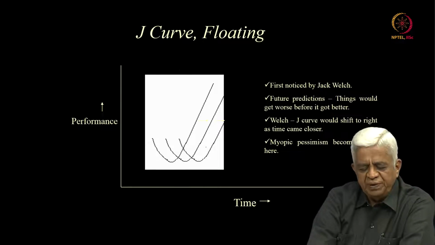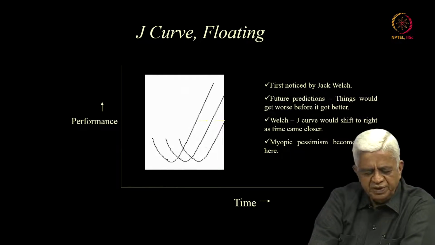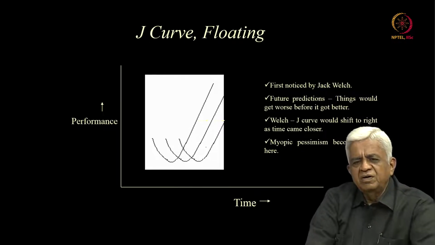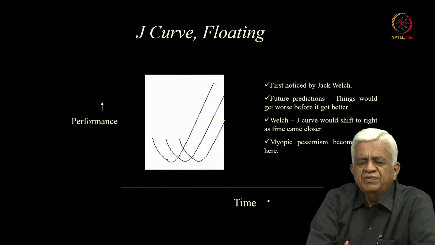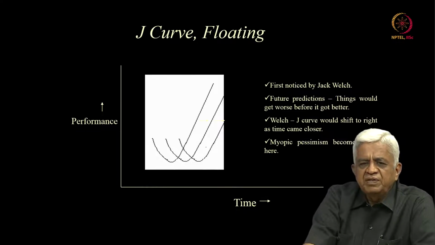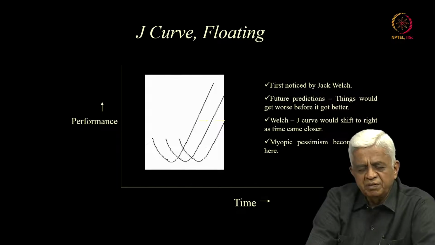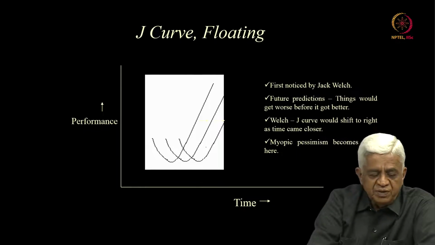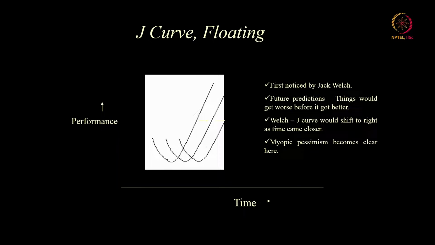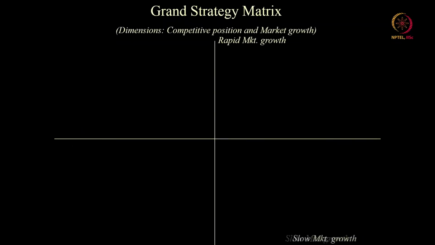Then myopic pessimism becomes clear here. That is what I just said. Many times when things are not going well, you tend to become pessimistic, but this, according to Jack Welch, he noticed it with respect to his own company and came out with this.